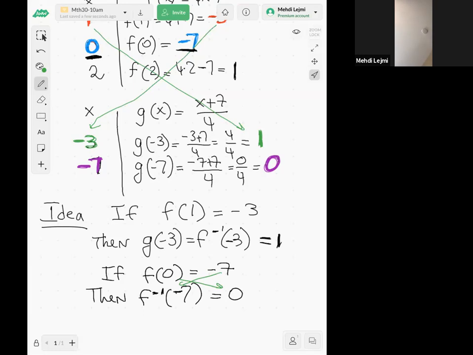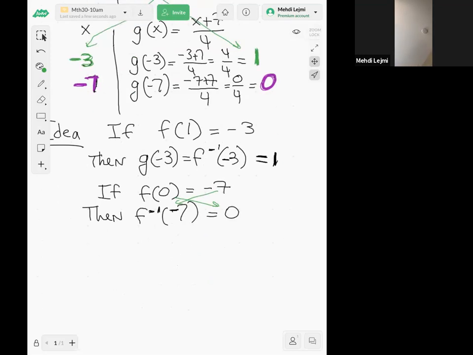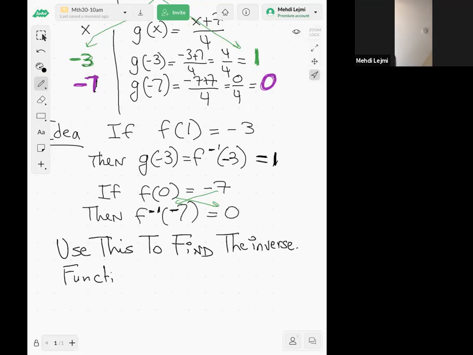Anyway, we're going to use this to find the inverse function of f.